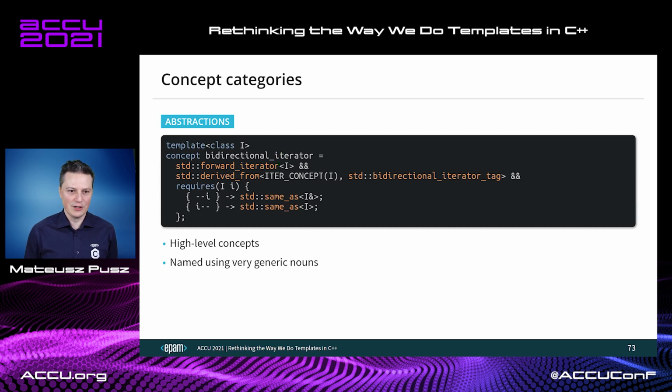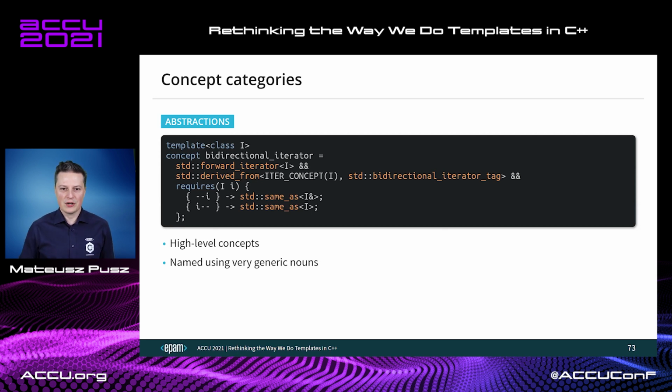So it has to be at least a forward iterator, it has to be derived from the bidirectional iterator tag, and we are requiring that the value of the bidirectional iterator can be decremented both in pre and post decrement, and provide the reference or value to the type itself. And these are the three categories that we defined so far. Those came out from the ranges library that Eric and Casey first implemented on GitHub and then standardized for C++20.